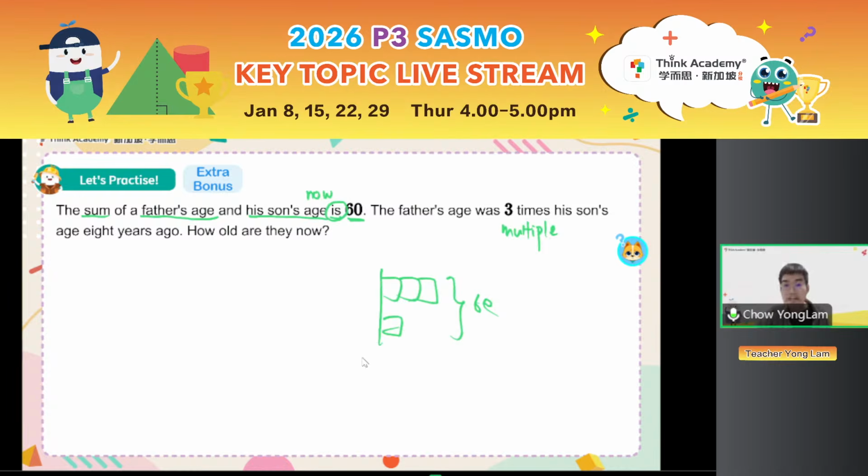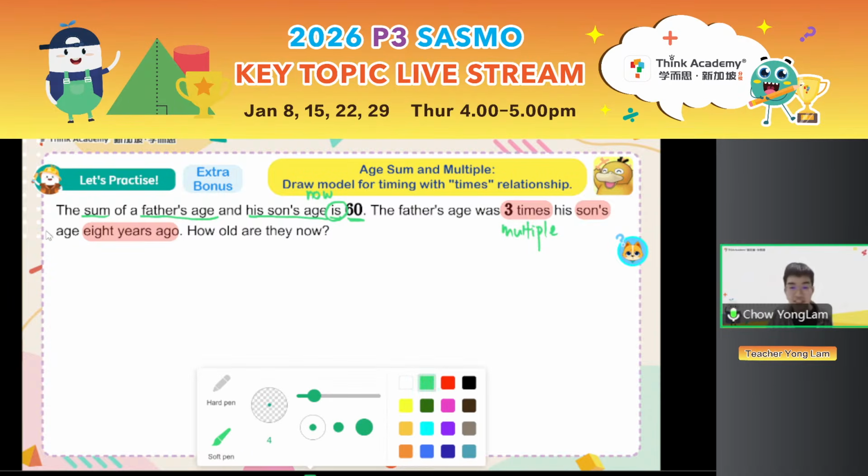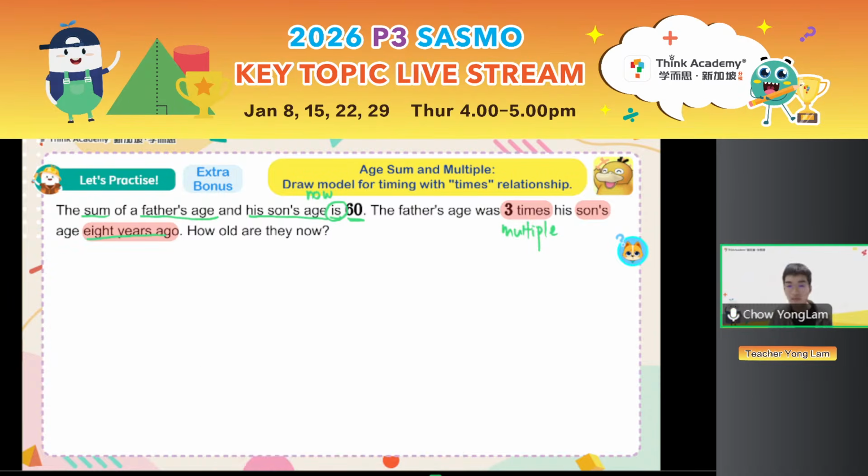So when did the age multiple relationship happen? It happens 8 years ago. So when we label our model, we must label it 8 years ago. So 8 years ago, we can see that the father and the son has a multiple relationship. Now, obviously, the son is younger. 3 times his son.